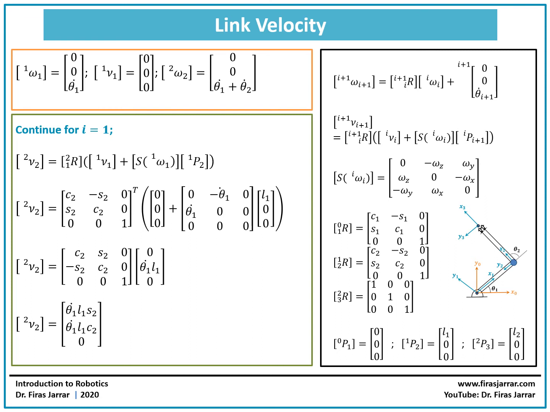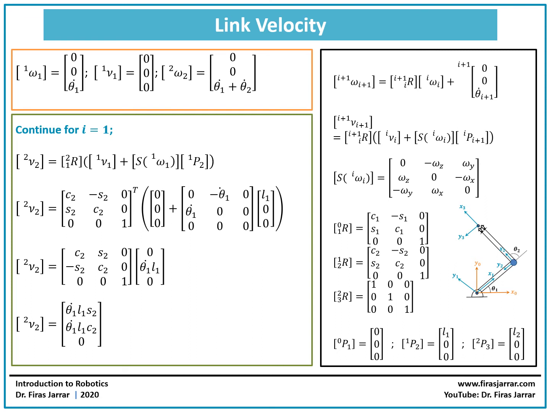This is simply the transpose of the rotation matrix we have here, so we have the superscript T. v1 is the linear velocity of link 1, and we already obtained this from the previous iteration when i was equal to 0. So we have it here. So we substitute, so it's all zeros. All of the values are zeros here.